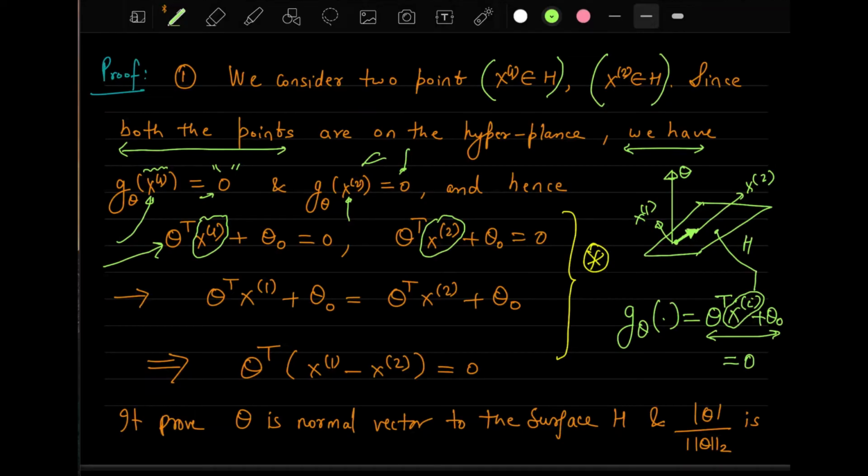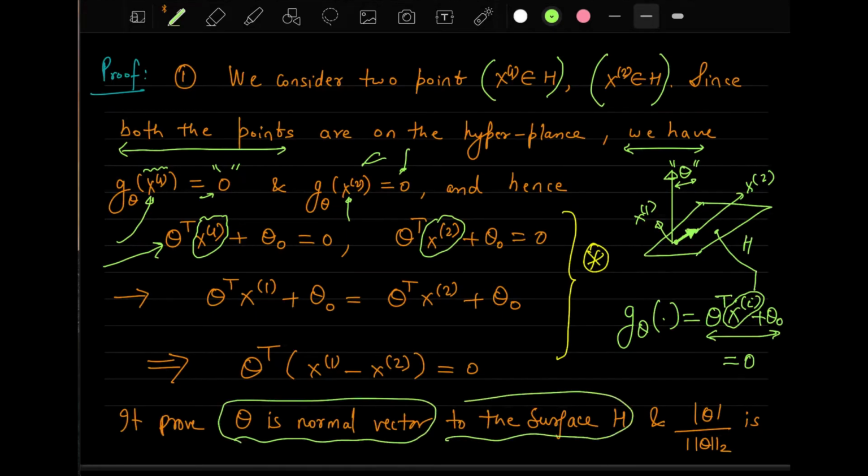So this proves that your theta is actually orthogonal to the plane. This is your normal vector, which is orthogonal to the surface H, and if you normalize it with the L2 norm, it will give you a unit vector. This is basically your L2 norm.